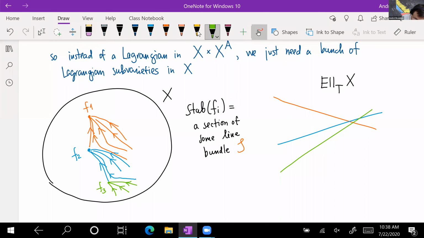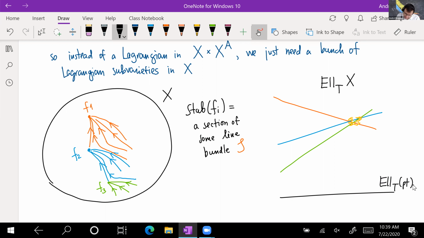And then there's also some thickness, some other fluff. Don't worry about the fluff yet. If you're looking for components of maximum dimension, they correspond to fixed points, and that's it. They're all copies of the elliptic homology of a point.